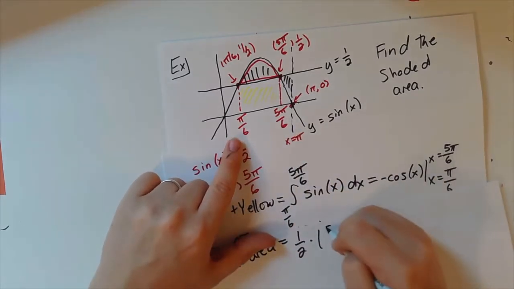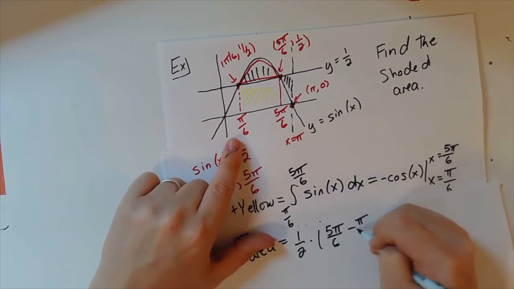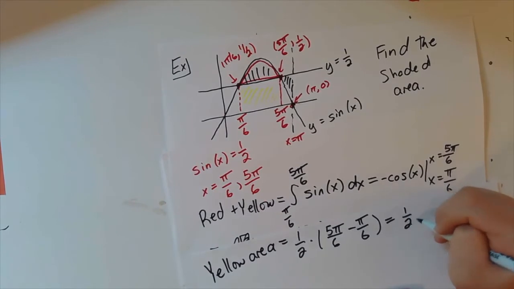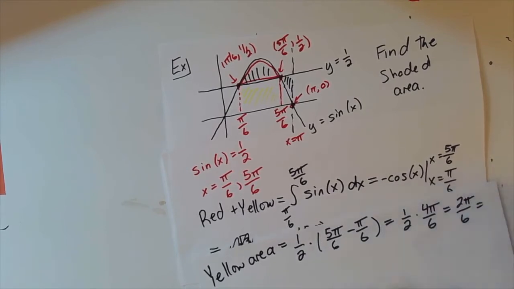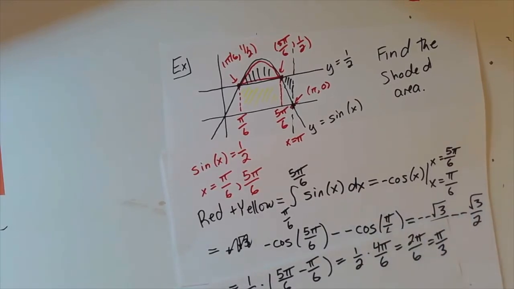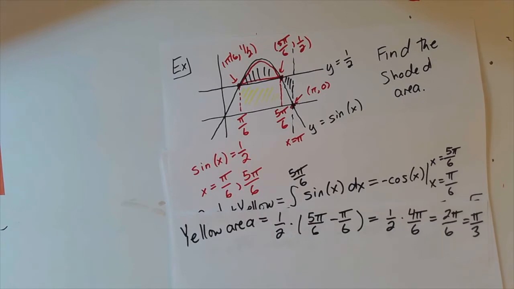This is 1/2 of 5 pi over 6 minus pi over 6, which is going to be 1/2 times 4 pi over 6, which is 2 pi over 6, which is pi over 3. Okay. So the yellow rectangle, its area is pi over 3.